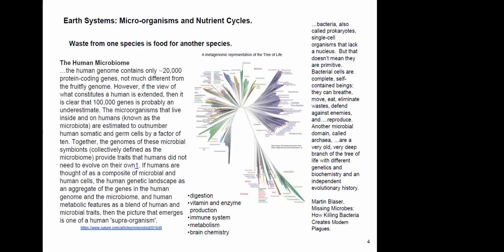Very important, because as scientists are starting to discover, though there's a lot of work being carried out on this at the moment, these microorganisms, which are in our guts and on our skin, are responsible for digestion, for vitamin and enzyme production. They develop and regulate our immune system, our metabolism, and even our brain chemistry.